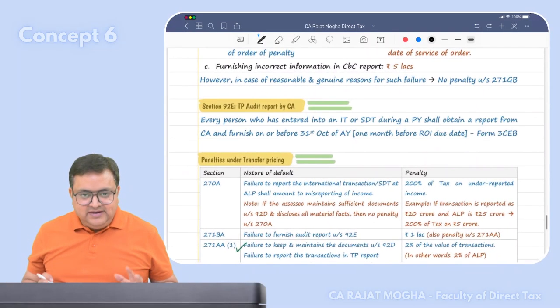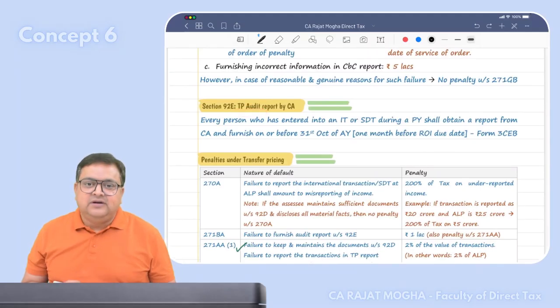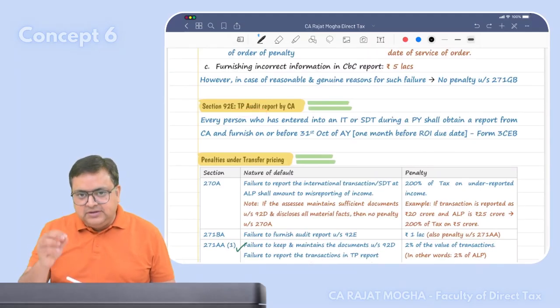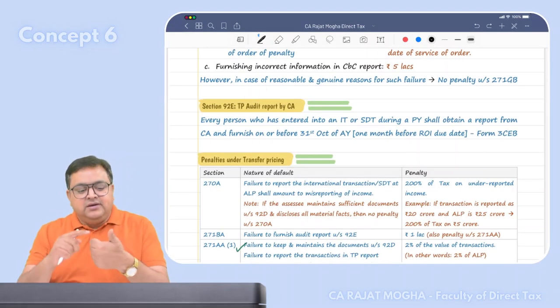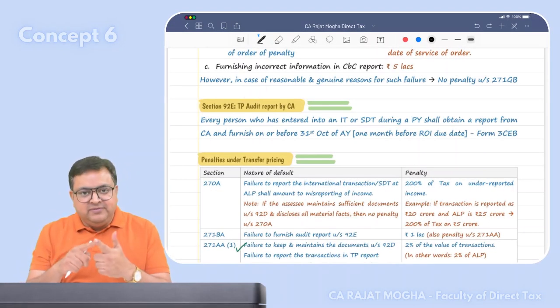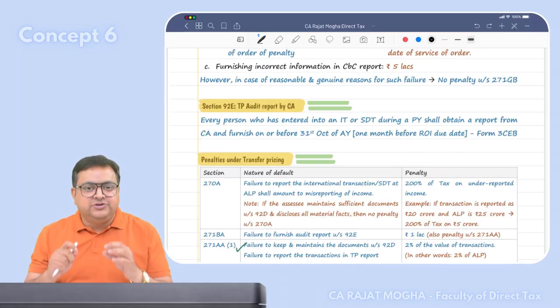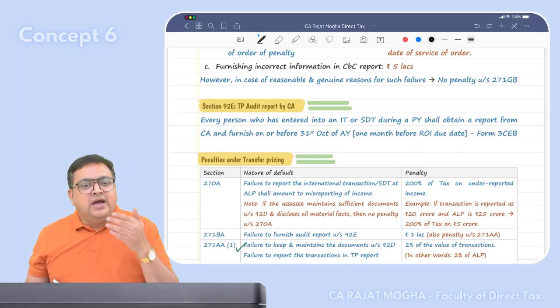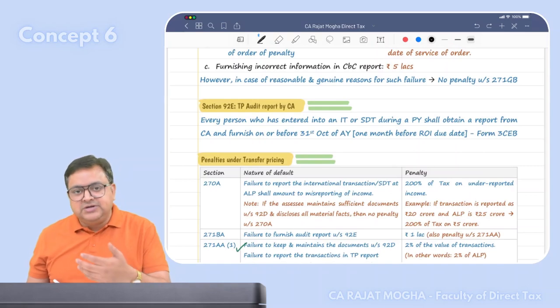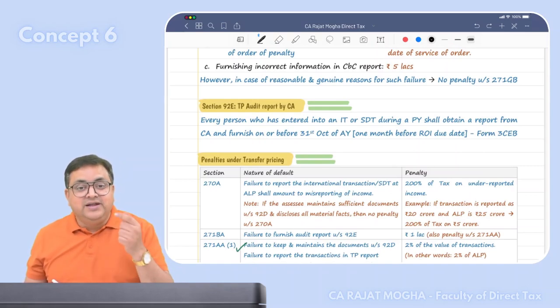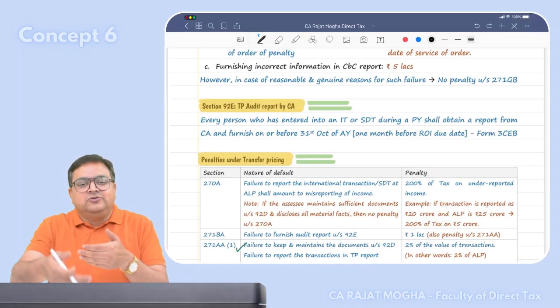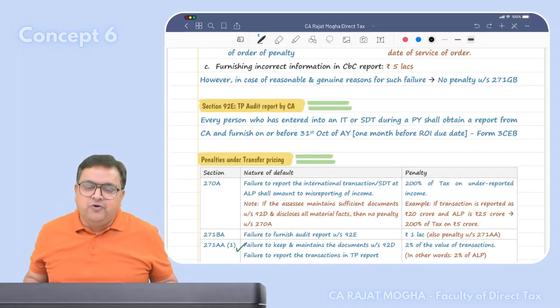92E is a very easy topic. So what is this? This is the transfer pricing audit report, the report by the chartered accountant. Whenever you are entering into either an international transaction or a specified domestic transaction, it is mandatory that you furnish your TP audit report also. And by which date? Obviously, all reports furnished by the chartered accountant are due 1 month before the due date. So if your due date of ROI is 30th of November, 1 month before that is 31st of October.